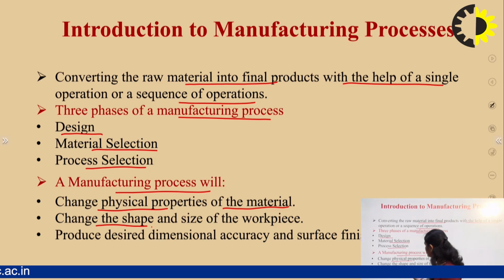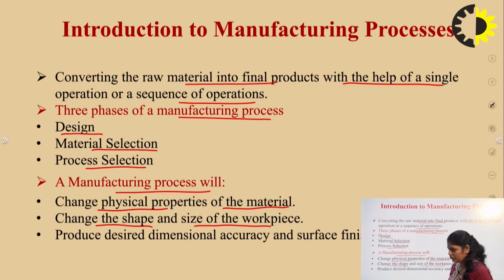Next, it will change the shape and size of the workpiece, because we want a particular shape. And after this we will get the desired dimensional accuracy and the surface finish.